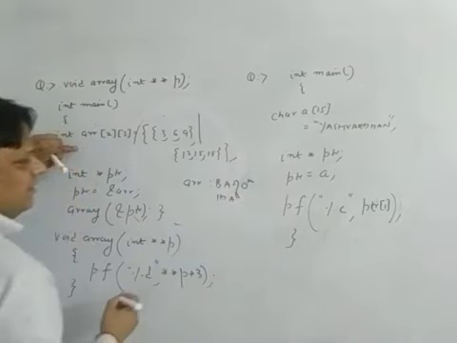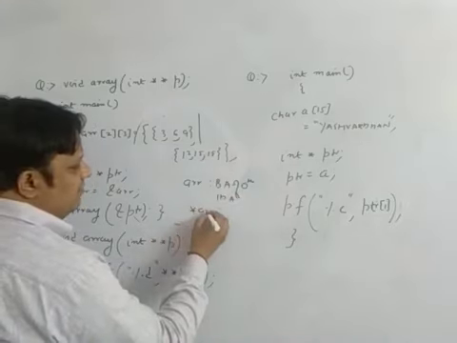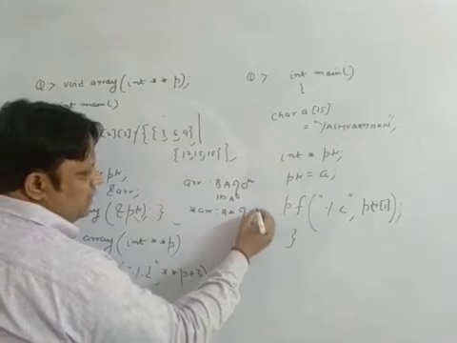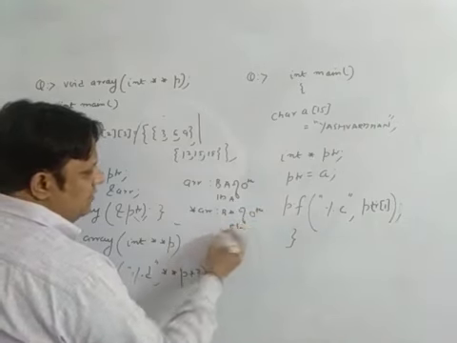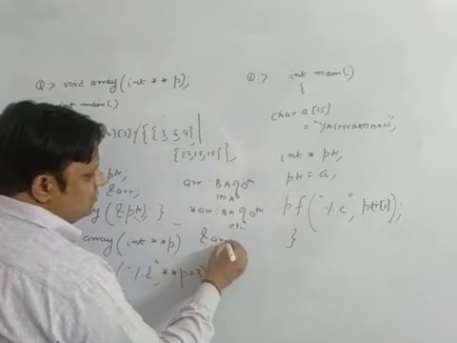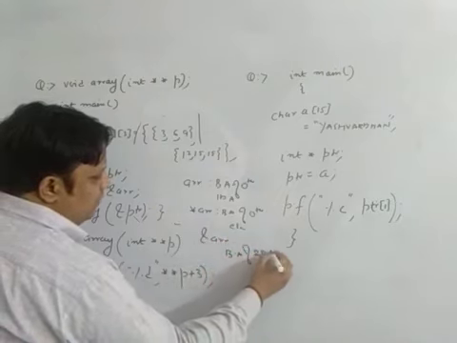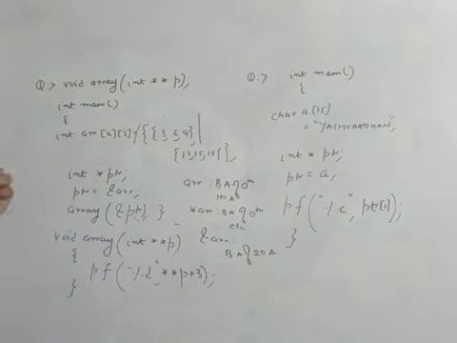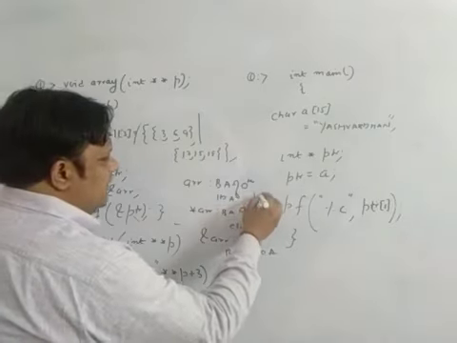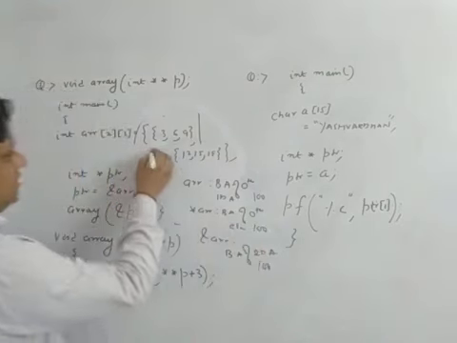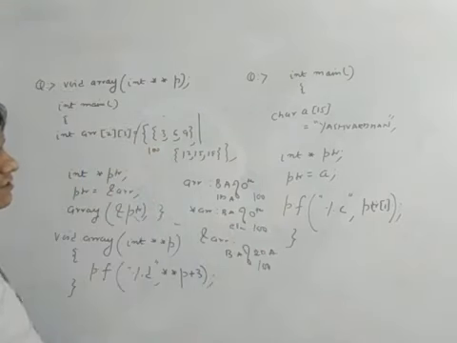If I write star arr, it means the base address of the 0th element. And if you write address of arr, it means the base address of your 2D array. So the value in all the cases will be the same: 100, 100, 100, if I assume the base address starts from 100.